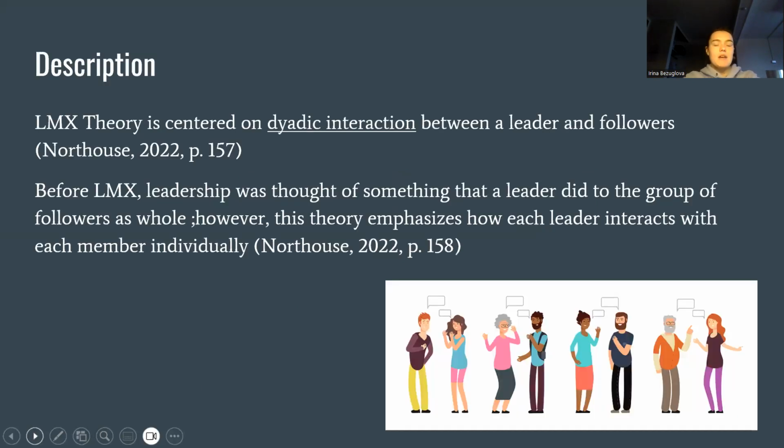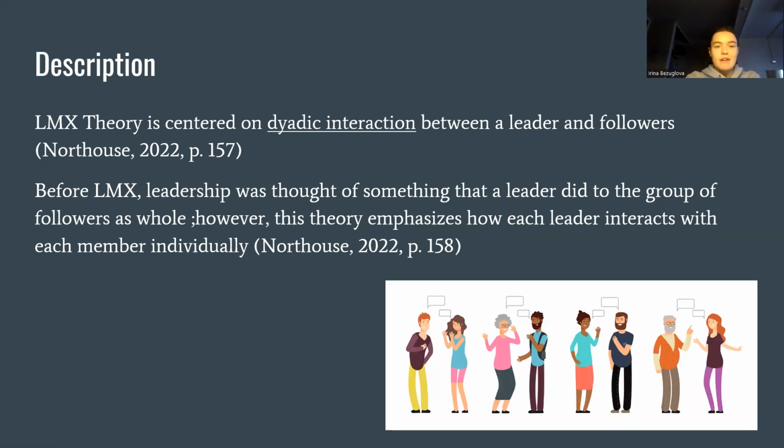So LMX theory is centered on the idea that there is an interaction between a leader and a follower. So they, as described in the book, have a dyadic interaction. Dyadic means that it happens between two people and that it is two-way.